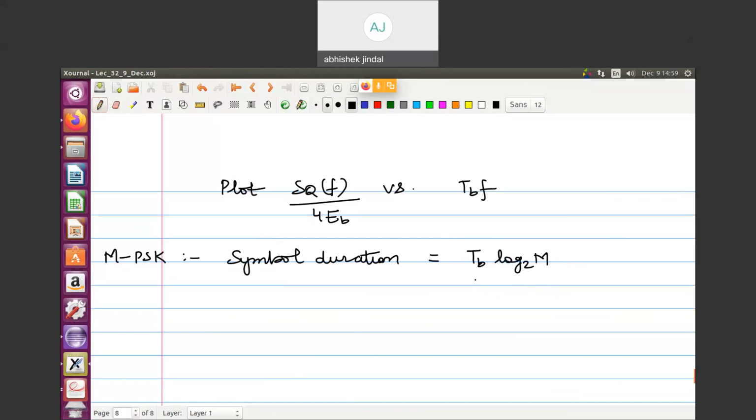This I think I have written when we were discussing. So this M-ary PSK or MPSK, we know that it is a two-dimensional constellation. It is a two-dimensional constellation.